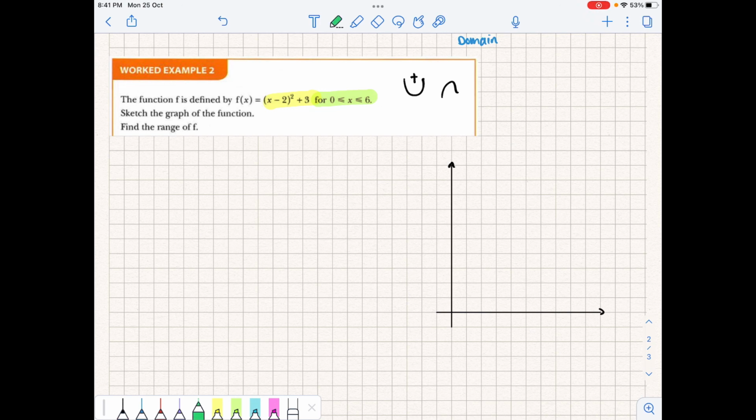And one important thing to note with quadratics is they have either a minimum or a maximum value, because of their shape. We have a positive quadratic, so we have a minimum value. And what we want to work out is whether this minimum value is somewhere inside my domain restriction. The easiest way to work out the minimum value of a quadratic is having it in completed square form.